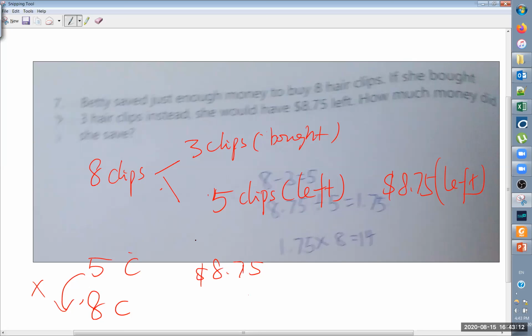So 1.6 times, right? So if the number of clips increased by 1.6 times, using proportionality, your money amount will be what? The amount also must times 1.6. Correct. So what's the answer?